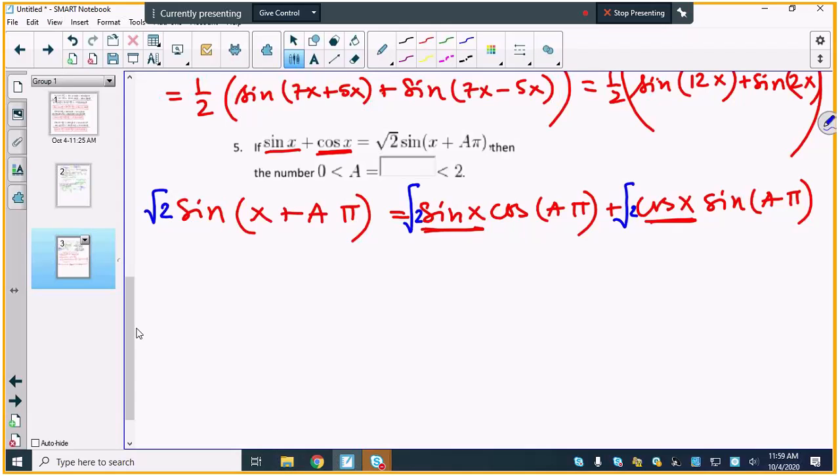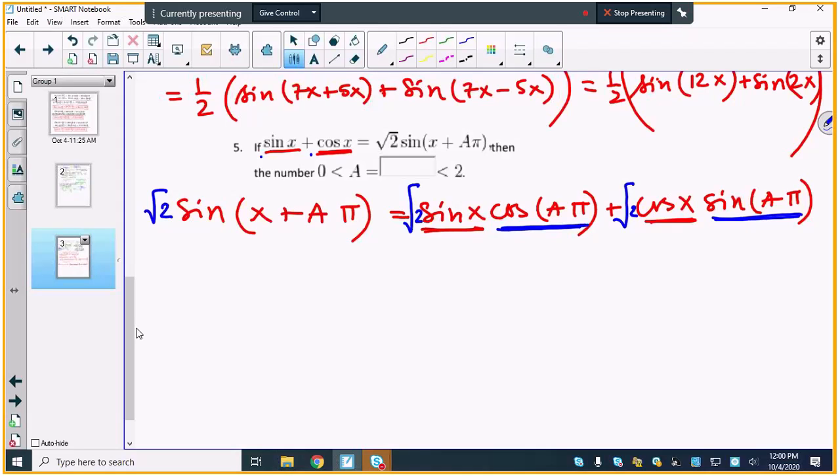But the left hand side of the original given problem doesn't have these two square roots. So whatever value from cos(a pi) I am expecting must cancel the square root of 2. And similarly, whatever value I am expecting from sin(a pi) must cancel the square root of 2.